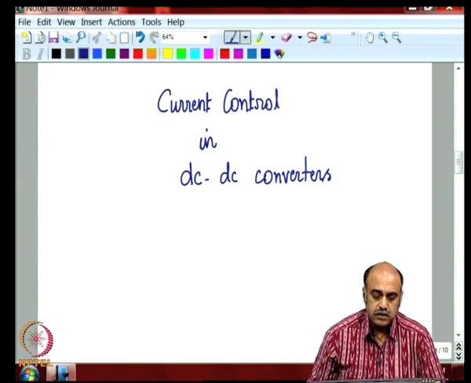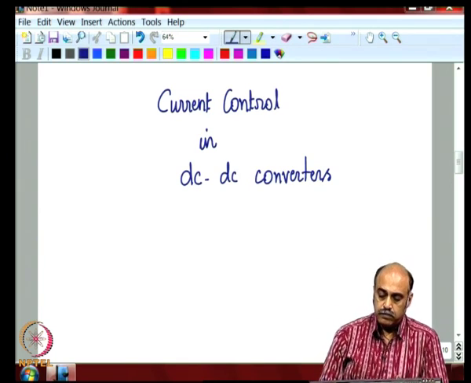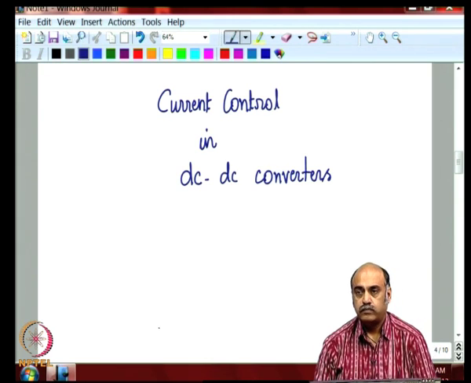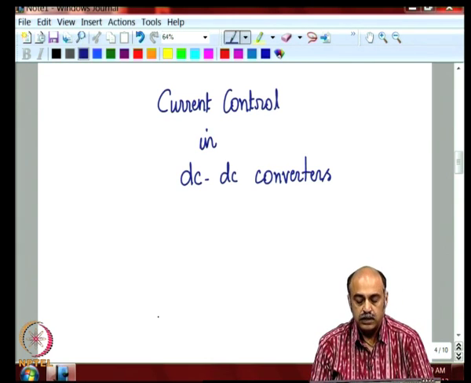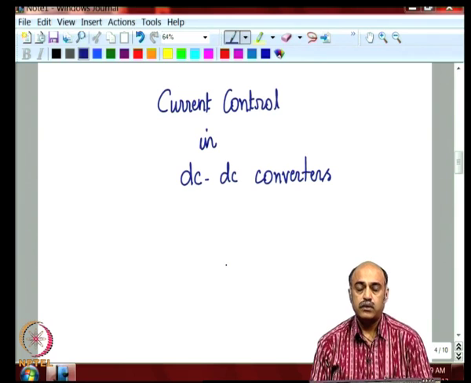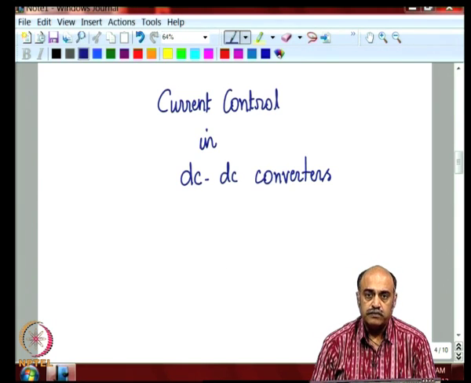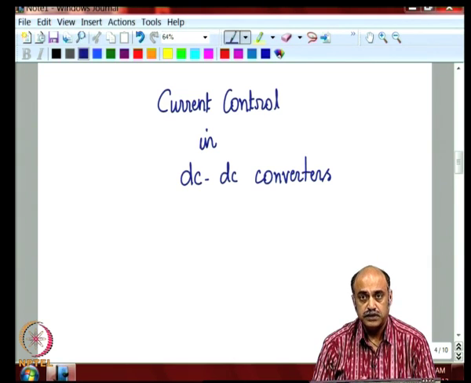So, you may ask where we may use this current control. Isn't it normal that we have only voltage control, and shouldn't voltage control be sufficient? However, you will see many applications where current control is essential and necessary also.